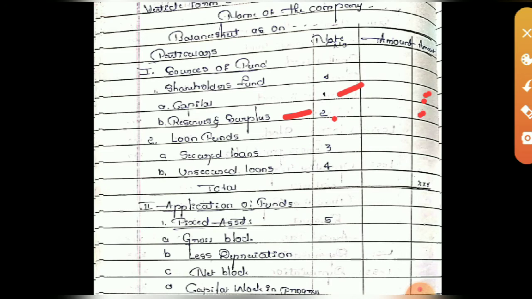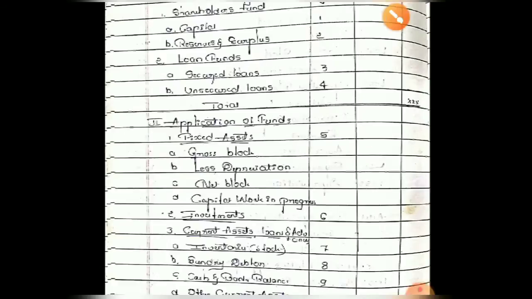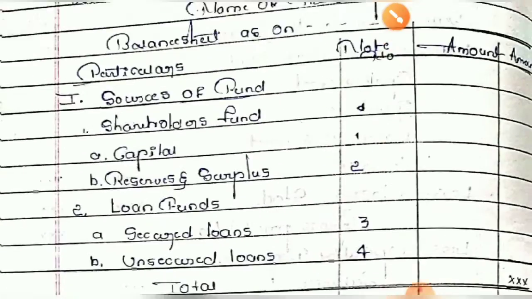Each schedule is to be calculated, 1, 2, 3, 4, this way. Do the calculation in a separate block, and bring that calculation here into this format. In the practical solution, first write this particular format as it is in a blank manner, leaving the spaces.